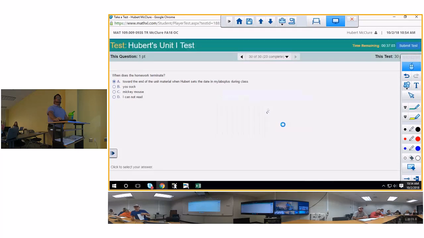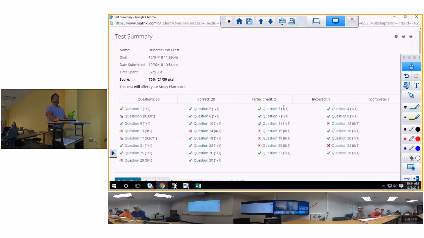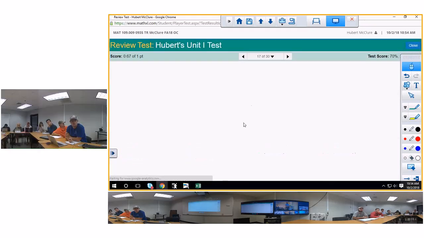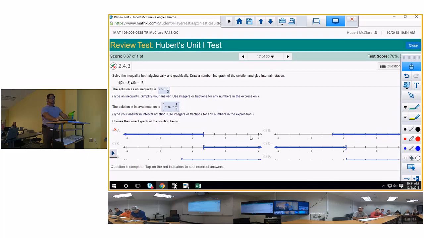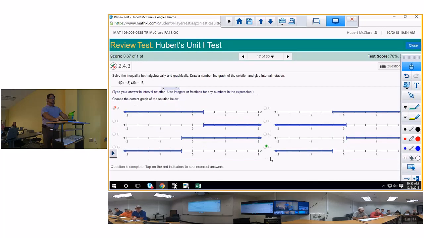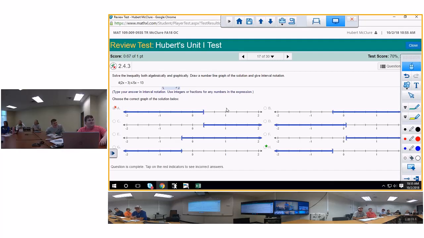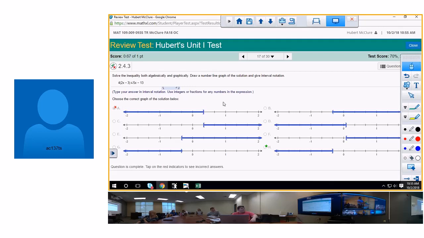Number 17. Yep, we got it wrong, and guess what? Oh, we didn't see this one, did we? Now I feel like a dumbass, all right? Make sure you scroll down all the way. All right, that's one to end on.